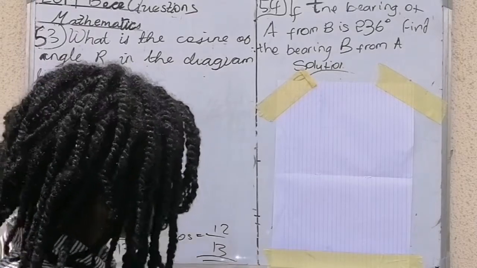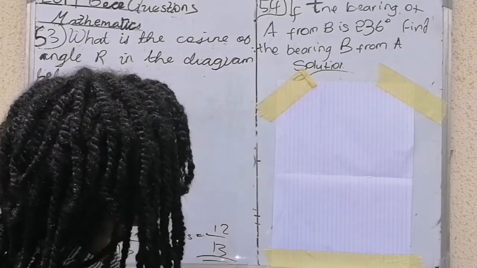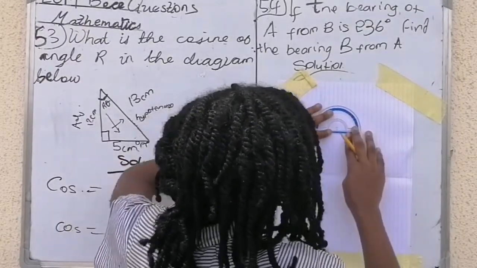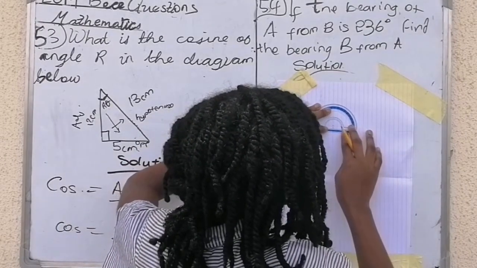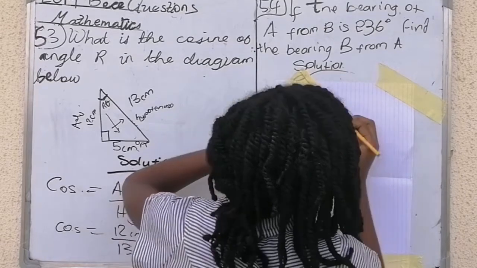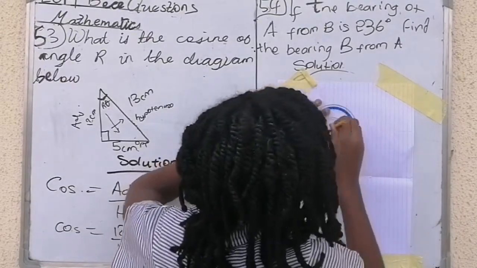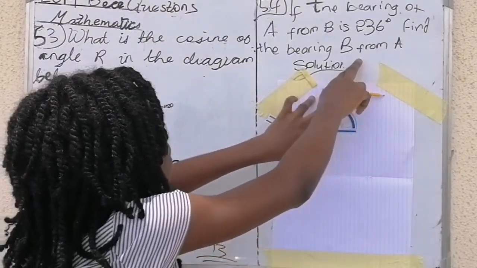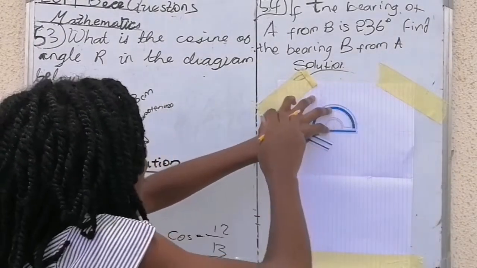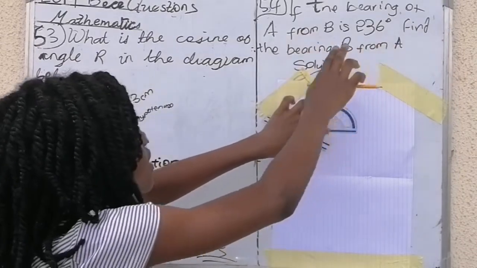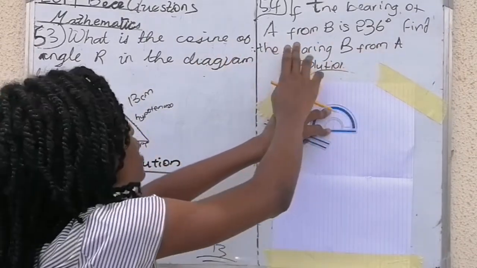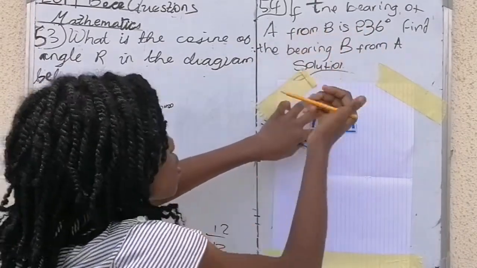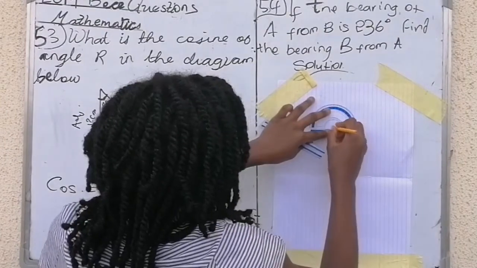Okay, so let's construct the first point. The first point should be B, because we are looking for the bearing of B from A. We already know that the bearing of A from B is 236 degrees. So we have to construct B first.